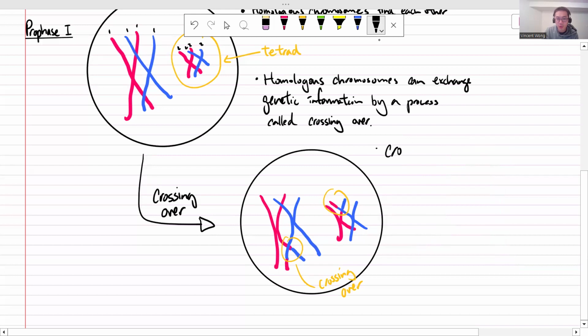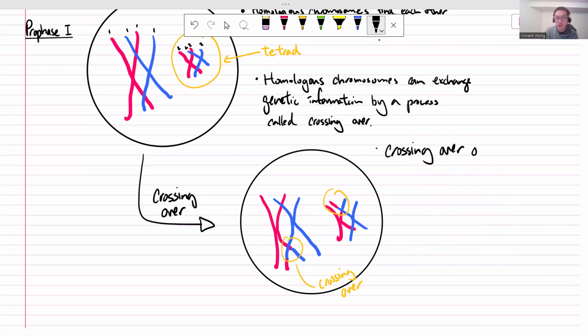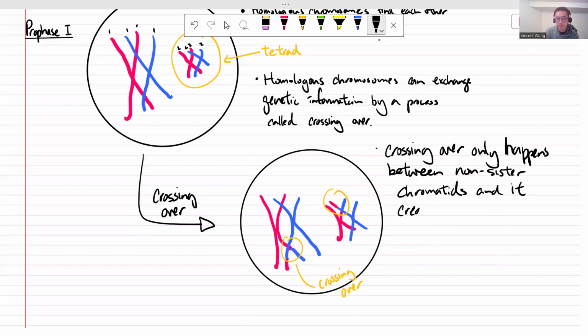The crossing over only happens between non-sister chromatids, and it creates genetic variation.